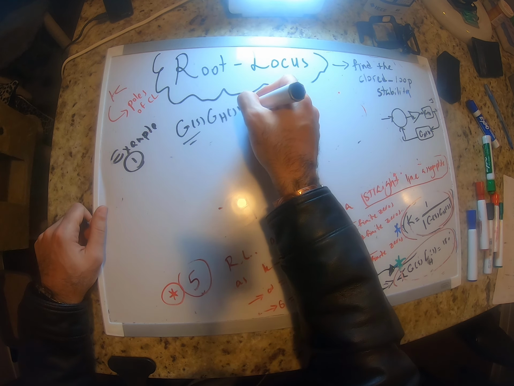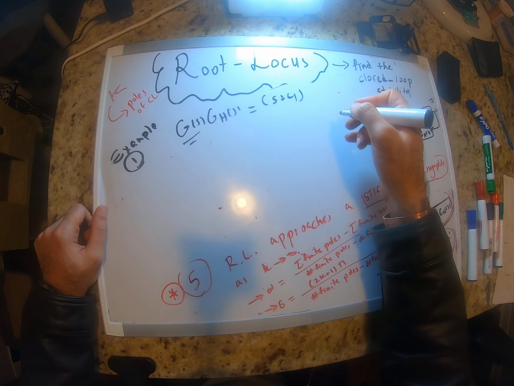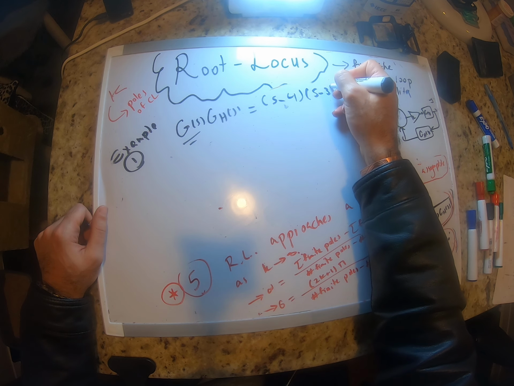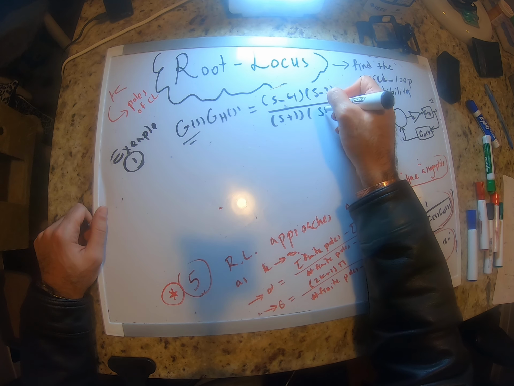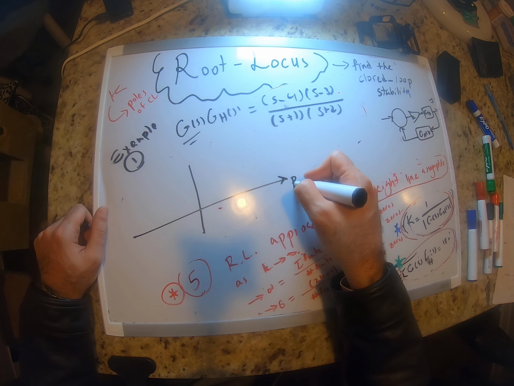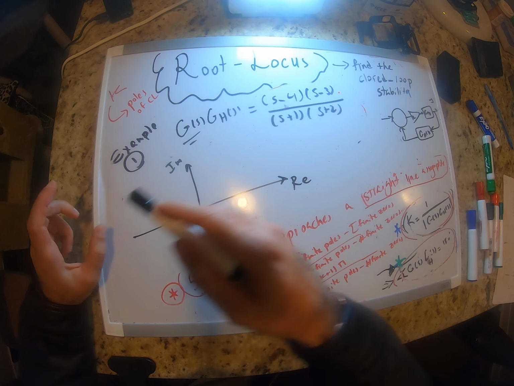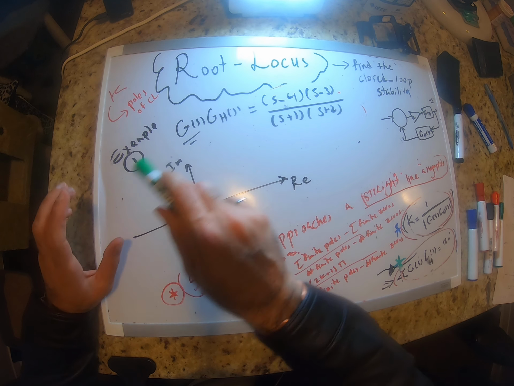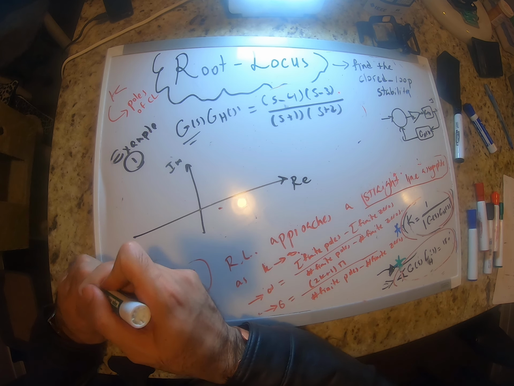One more example. In this one it says s minus 4 times s minus 3 divided by s plus 1 multiplied by s plus 2. The first thing we do again, we draw the s-plane, real, imaginary. Identify the poles and zeros of the GS, GHS, GS times GHS.